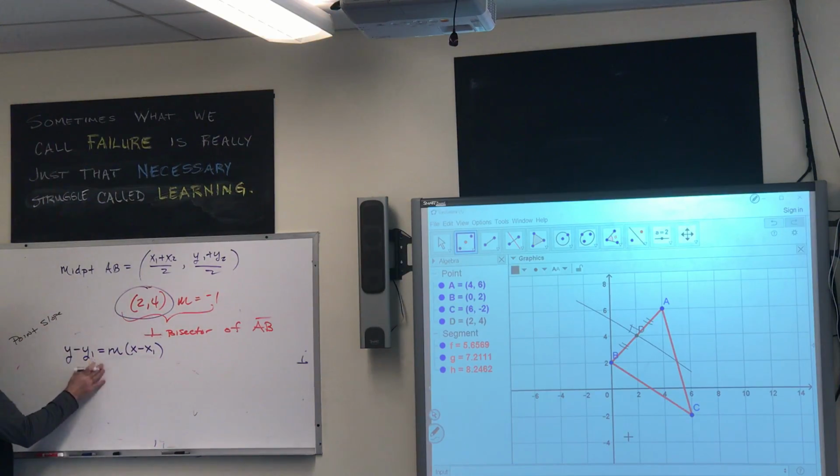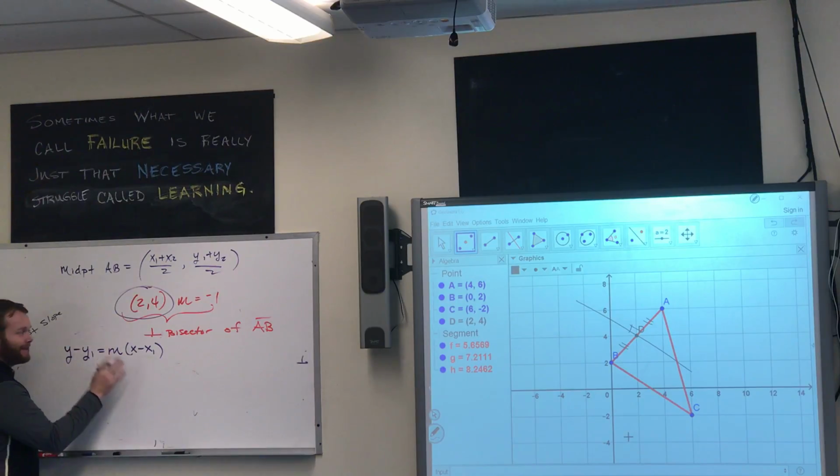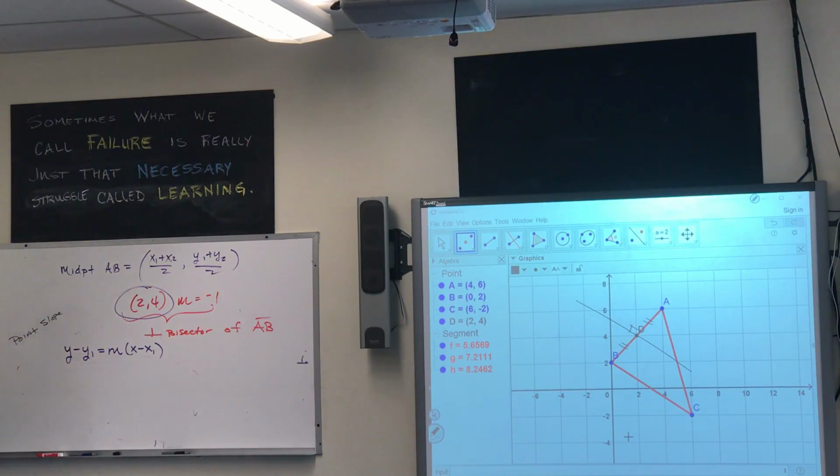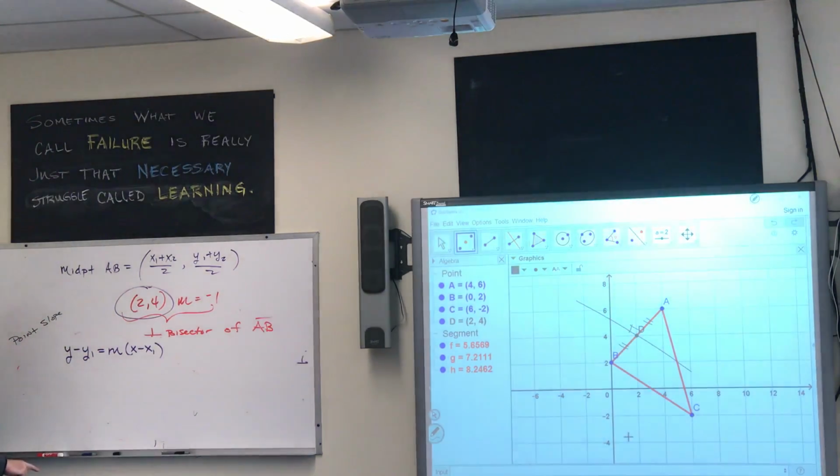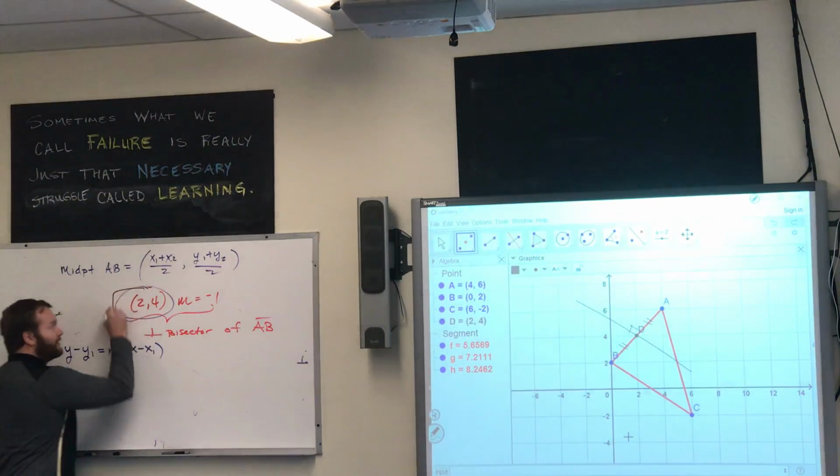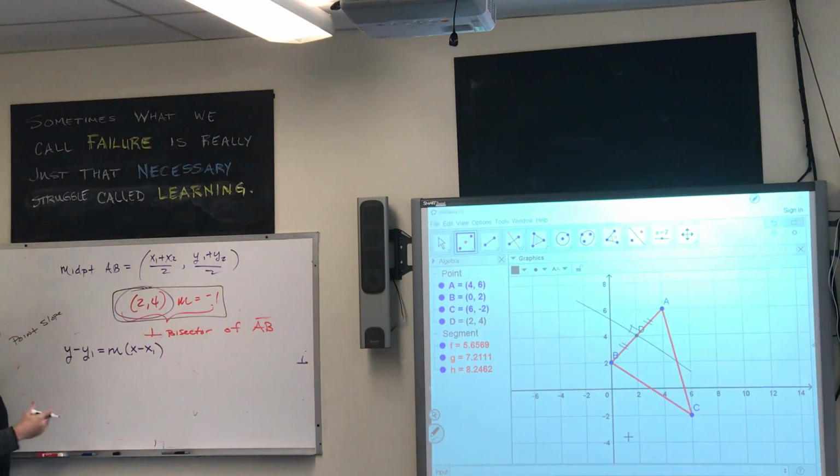This thing right here is going to be the number one thing you want to turn to when you're coming up with the equation of a line. Okay. The nice thing about it is the things I need are a point on the line and the slope of the line you're looking for. So this information right here, (2, 4) is a point on the line, right? It's a point on the line that I'm looking for.